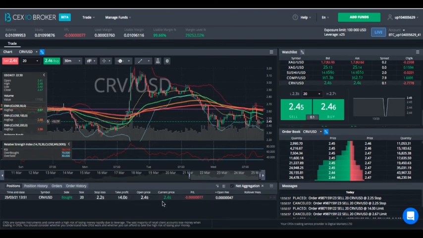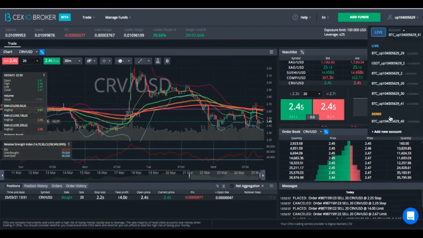So that's how you use the CEX.io broker. Remember, over here is where you can add your accounts and choose your leverage size. As you can see here, you can have multiple accounts. Let's say you just want to execute only one specific trade on an account.